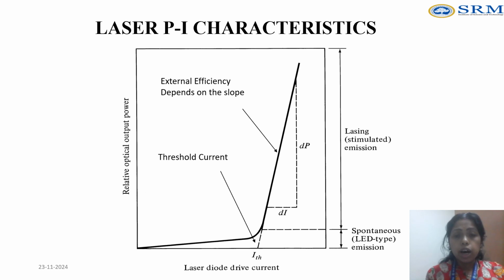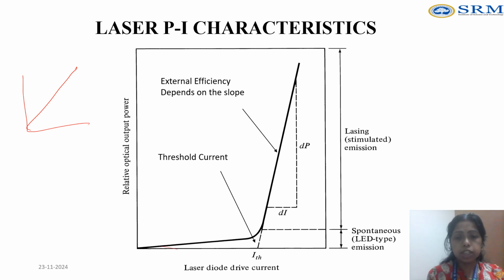So, if you want to calculate the efficiency from the graph, you can calculate like this. In the case of the LED, you can get a linear graph. But in the case of the laser diode, you will not get a linear graph. First, spontaneous emission will be there, this LED-type emission, so this shape is one linear, and there will be another linear.